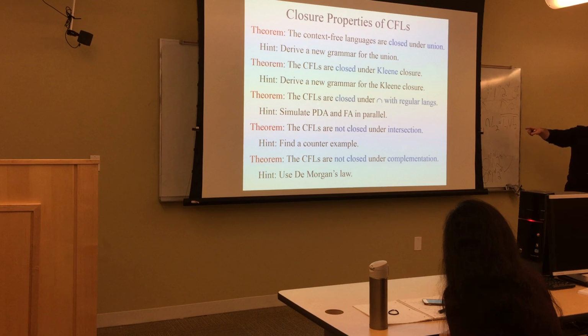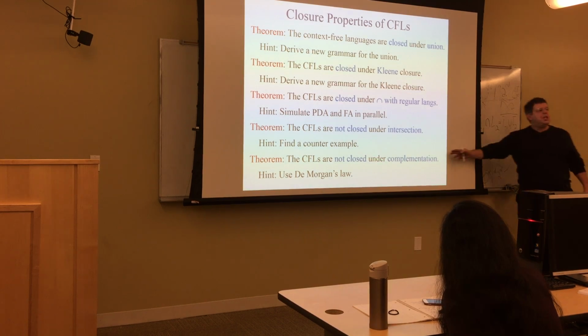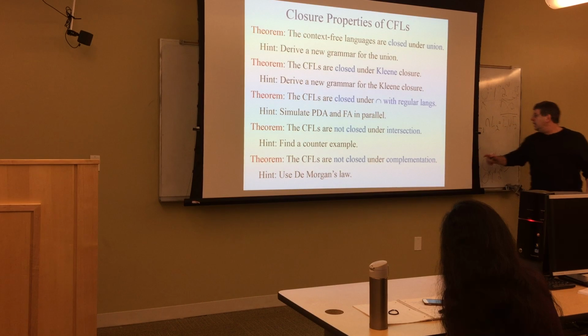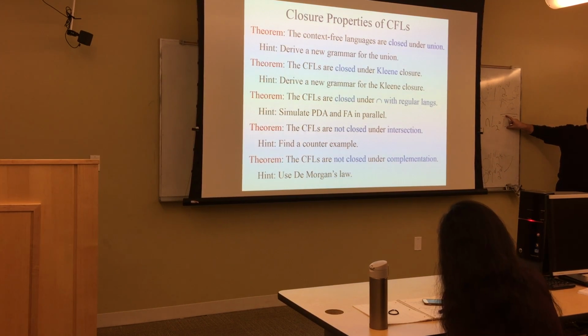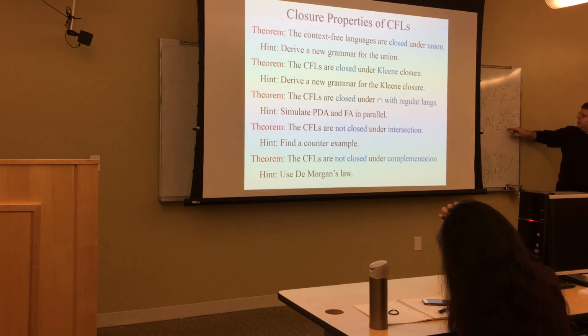Now, if intersection was context-free, we know it isn't, but intersection is represented as this. And if complementation preserved context-freeness, then L1 complement will be context-free, because L1 and L2 are context-free, right?